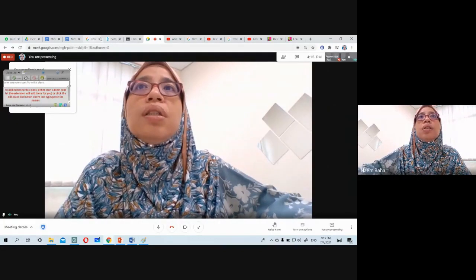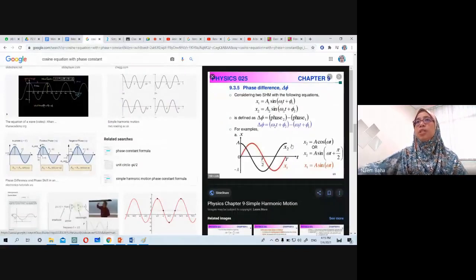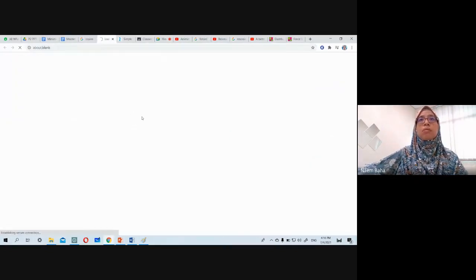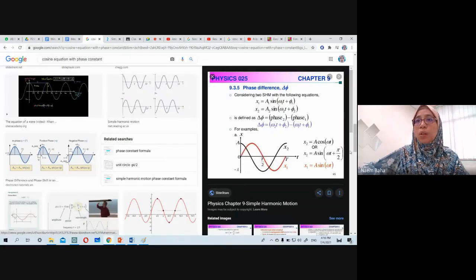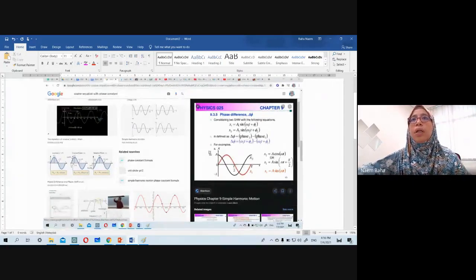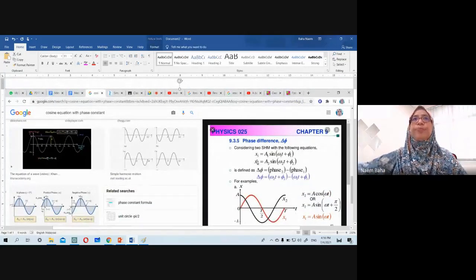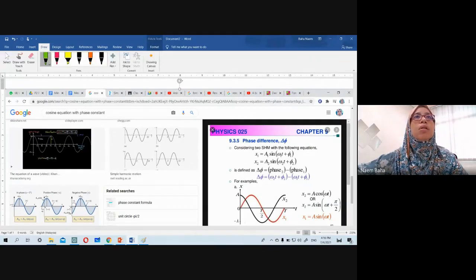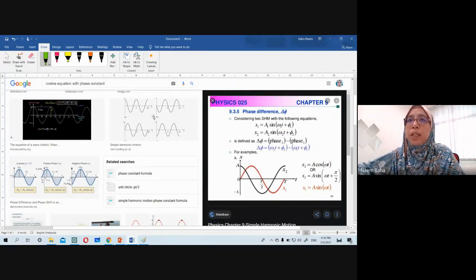Let me show you. I have this picture. You will find that when you open different textbooks, certain textbooks choose sine for the displacement of a sinusoidal graph.